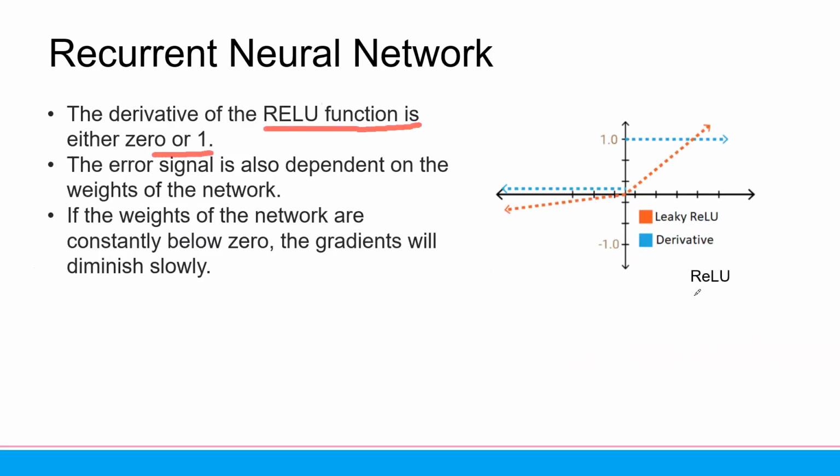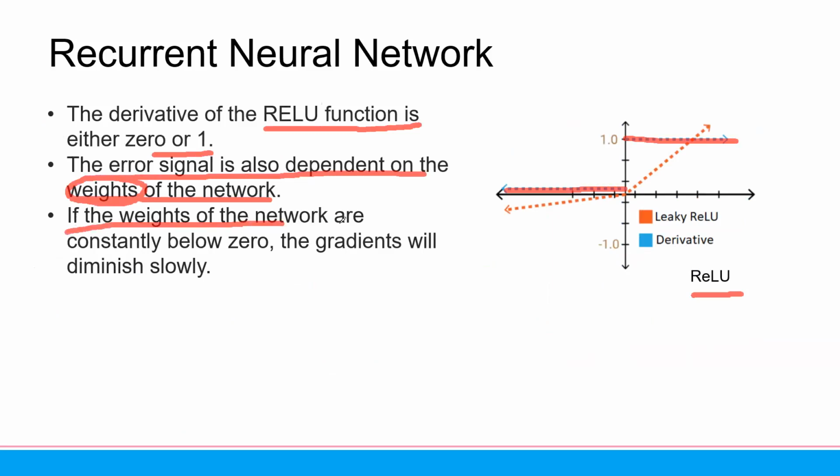So in the ReLU, the derivative will be either 0 or 1. This will also be a problem when we use it in the neural network. The error signal also depends on the weights of the network. If you still remember the weights when we learned about the neural network, it depends on the weights.